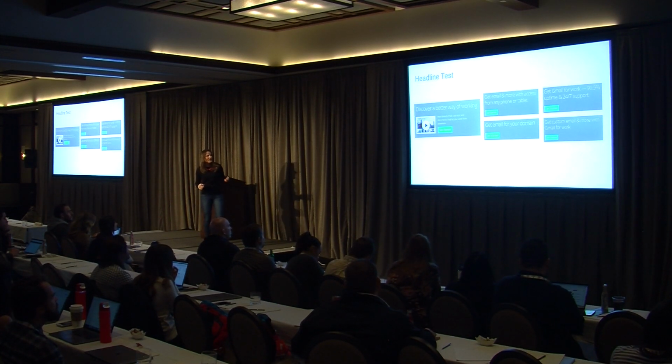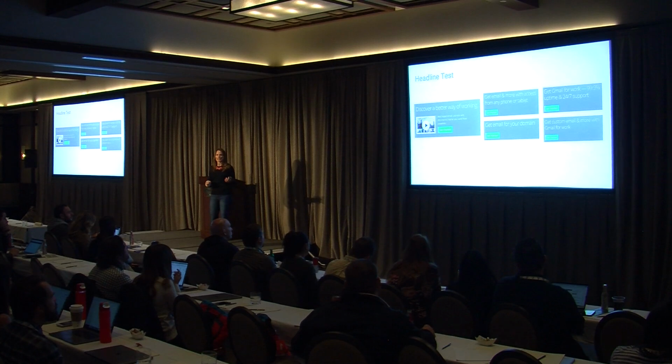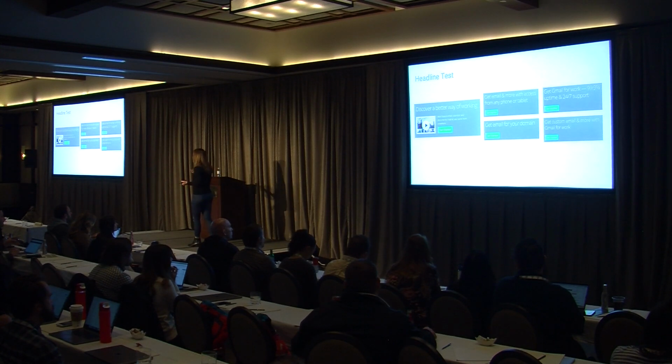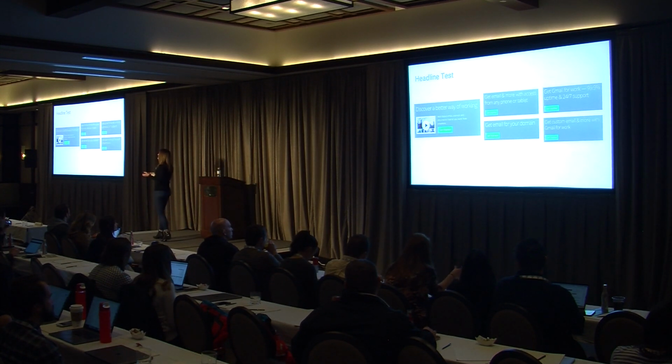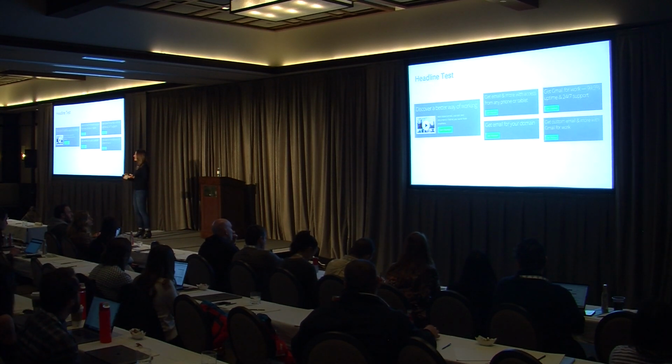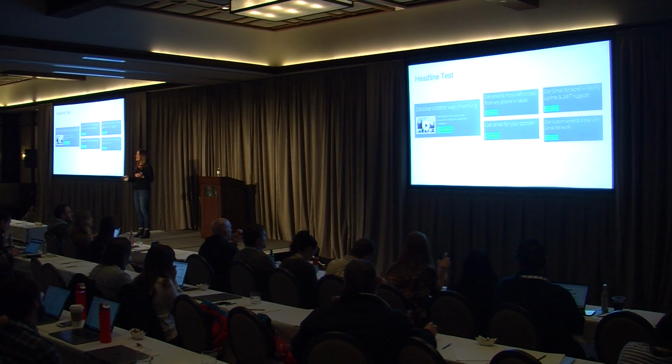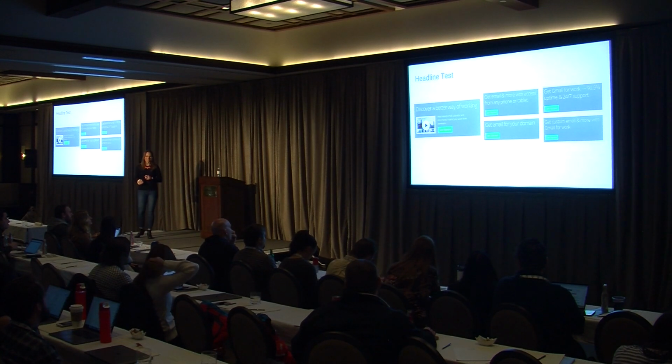Get email and more with access from any phone or tablet. Get email for your domain. Get Gmail for work, 99% uptime and 24/7 support. As you can see, these are not the most marketing-friendly headlines. Marketing hated them, but they also thought there was 0 chance that any of these headlines would beat theirs. So we decided to let this test run.